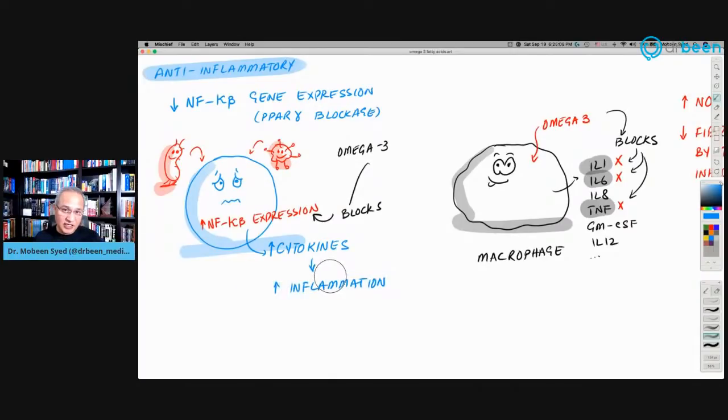So what is the effect here? Presence of omega-3s in a stressed out cell would reduce expression of nuclear factor kappa B, which would then reduce the production of cytokines, which would then reduce the inflammation. Beautiful mechanism, an important mechanism.